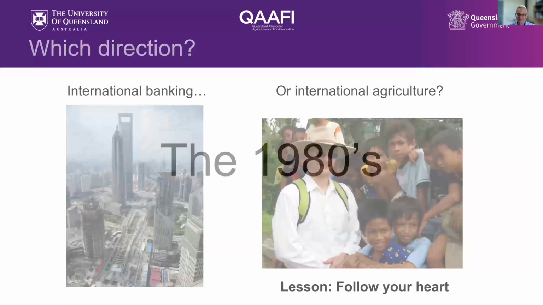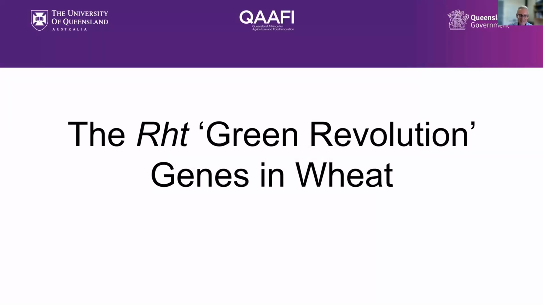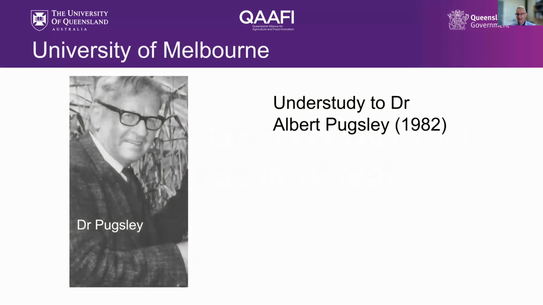The 1980s. I had a scholarship to look at the RHT Green Revolution genes in wheat at Melbourne Uni. And as part of that deal, they wanted me to spend 1982 to understudy Dr. Albert Pugsley.